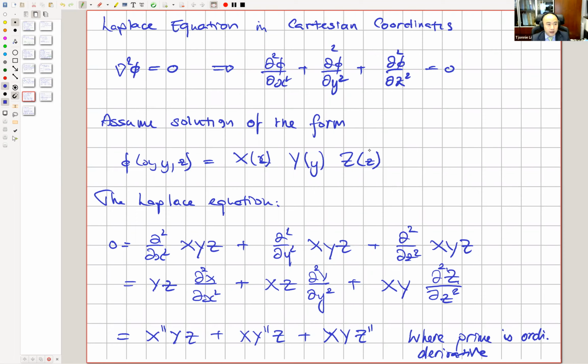Because we're considering a physical system, of course, if we were considering a Laplace equation for complex fields, then you could in general get other form solutions. But since we're here only considering phi to be a real field, generally the constants are also real.